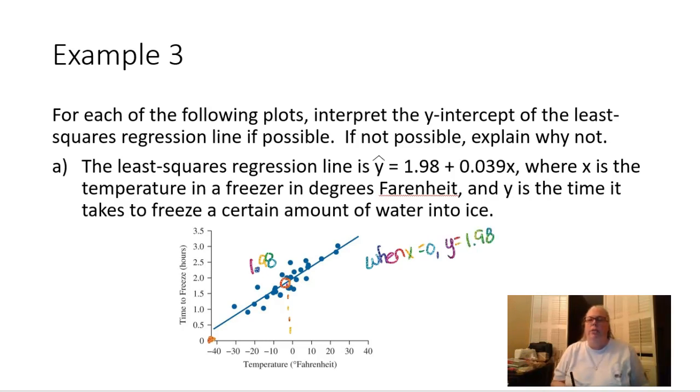This is our y-intercept. Now, what does that mean? Well, remember, y stands for the time it takes to freeze a certain amount of water into ice. So it's going to take 1.98 hours. And then x stands for the temperature in a freezer in degrees Fahrenheit. So we've got 0 degrees here.